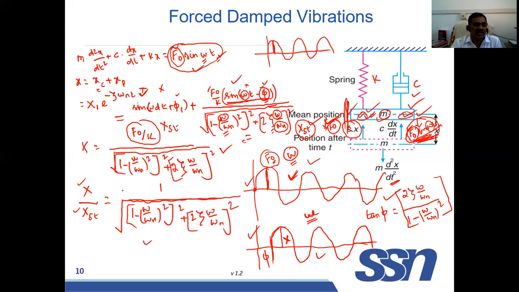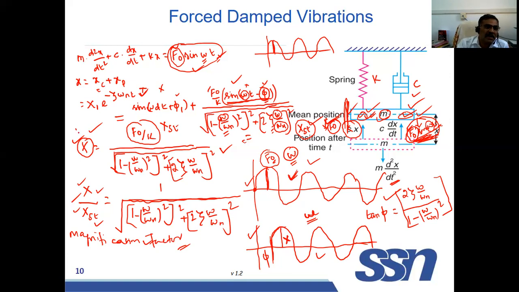So this will be the equation. Almost these two are the same equation. Here our objective is to find the ratio between the amplitude of vibration and static deflection. So this is known as the magnification factor.